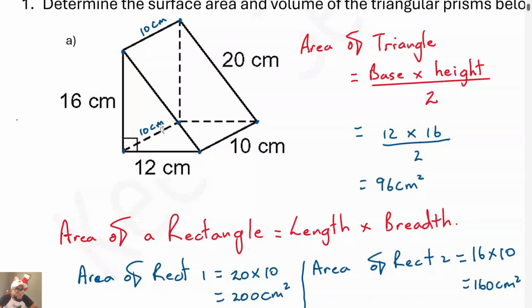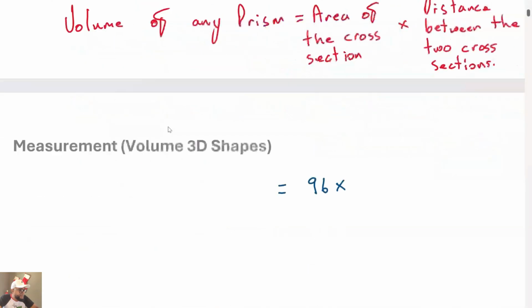The distance between the two, 10 centimeters. Excellent. So I simply multiply this by 10. And that's how easy your volume is. 960. Its volume should be centimeters what?